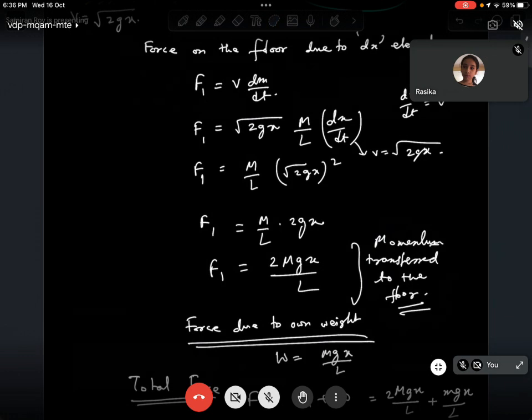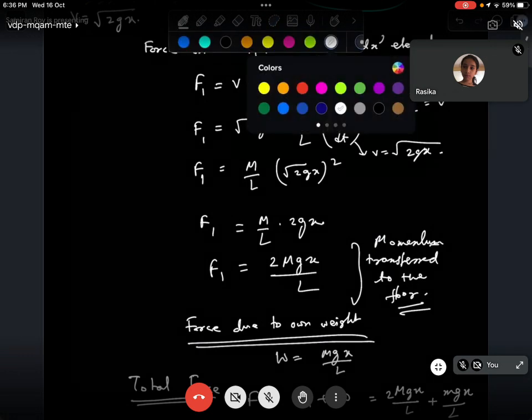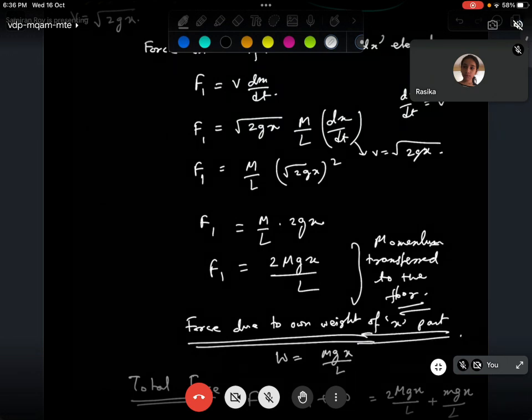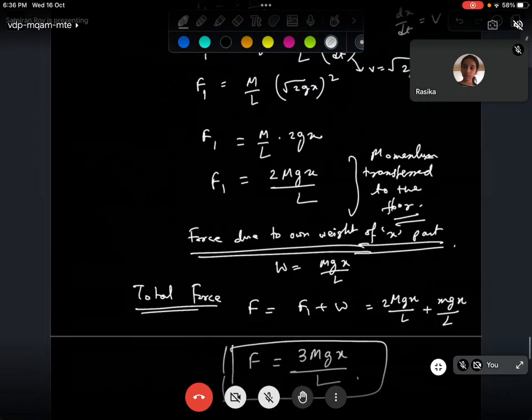This is for the own weight of the x part. Is that clear, all of you?